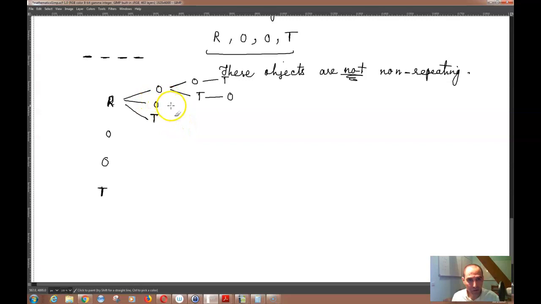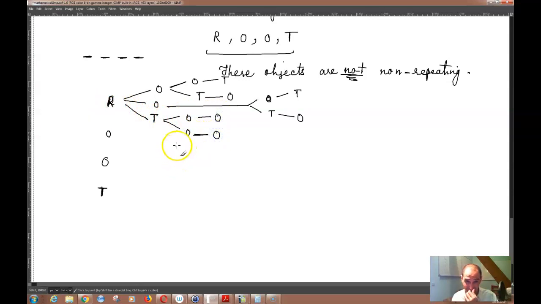Again, over here you can choose either an O or a T, and then over here you could choose a T, and over here an O.